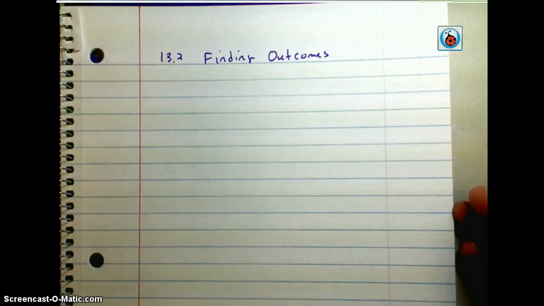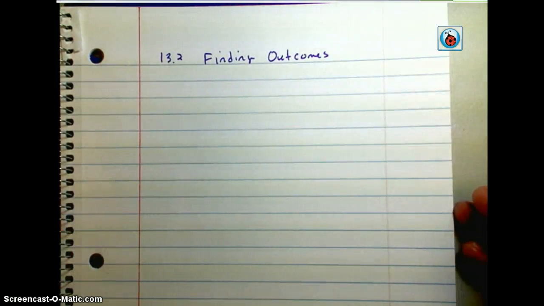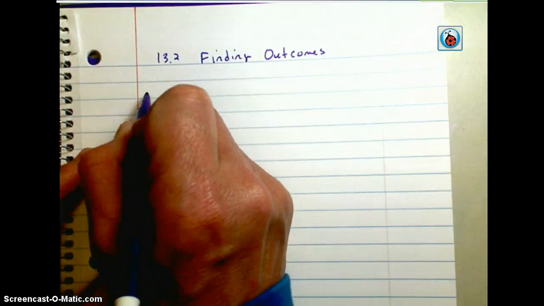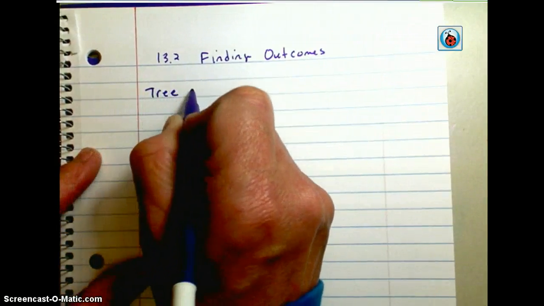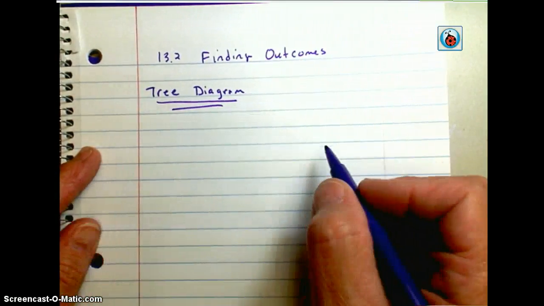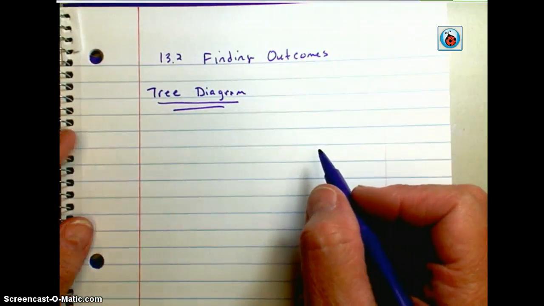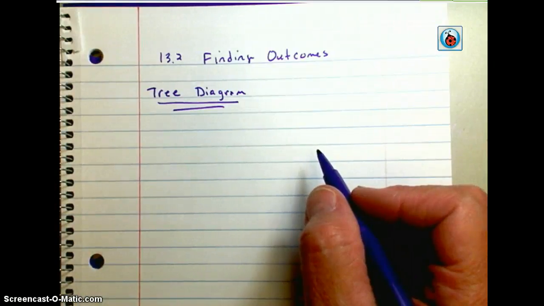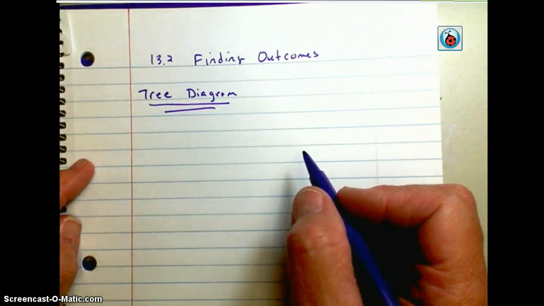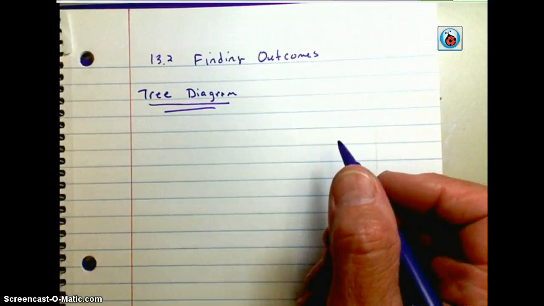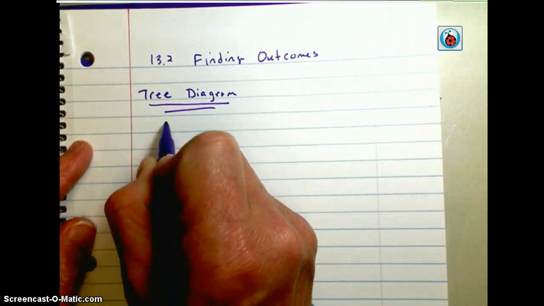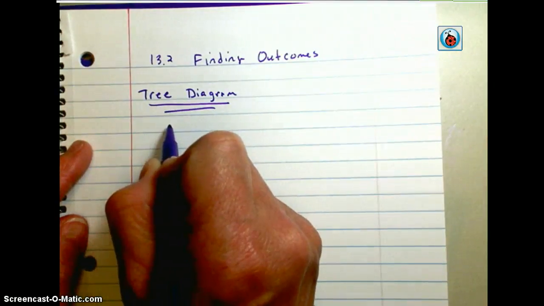So an example of something we can use to find outcomes is a tree diagram. We're going to use a tree diagram to find outcomes. Let's say you're going to a deli, and you are given 3 different choices of sandwiches you can order.